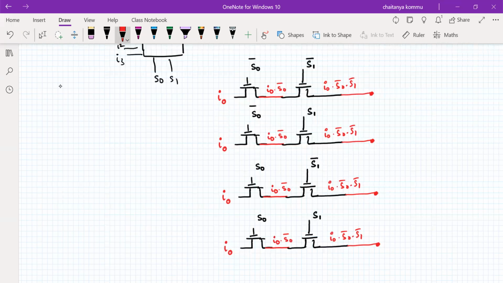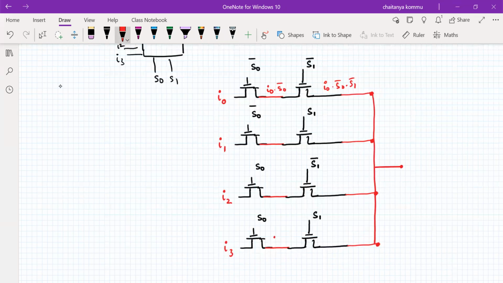The inputs are I1, I2, I3. For the sake of simplicity, I will write them at the end point. All these things need to be added at a common point called Y.